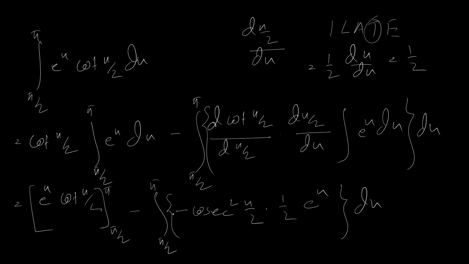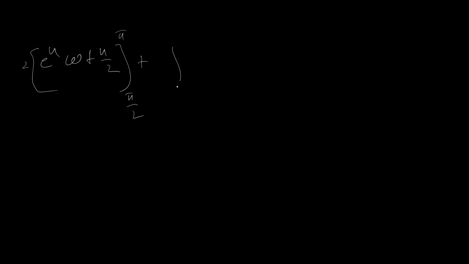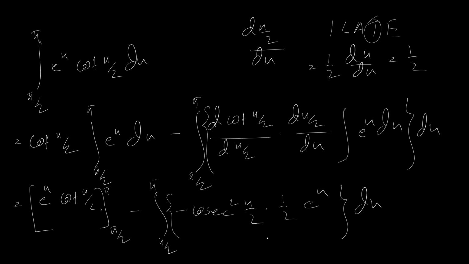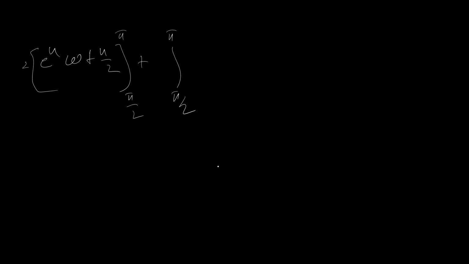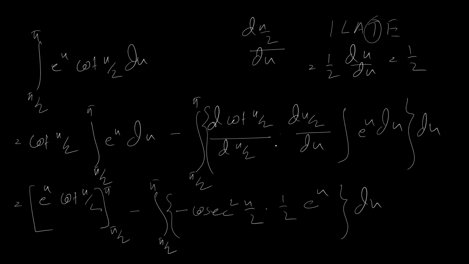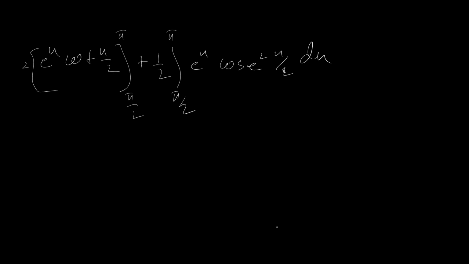The minus 1 is a constant, it will come out of the integration, so minus into minus will be plus the integration from pi/2 to pi, and this 1/2 is also a constant, so it will also come out, and this whole thing becomes e^x cosec square x/2 dx. So this is what I got. Keep it as it is.